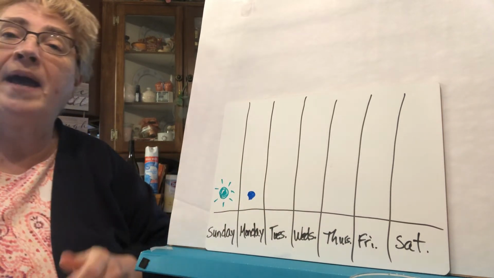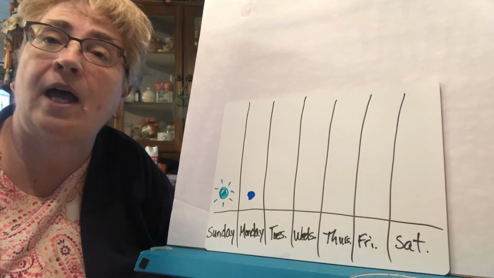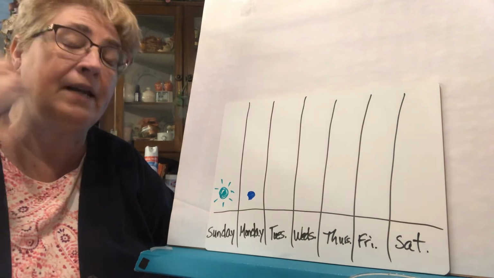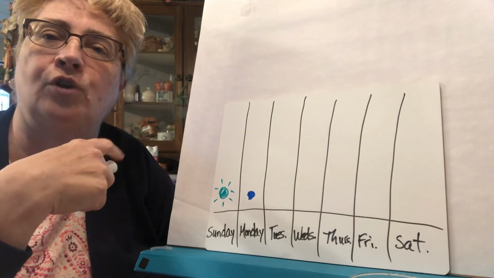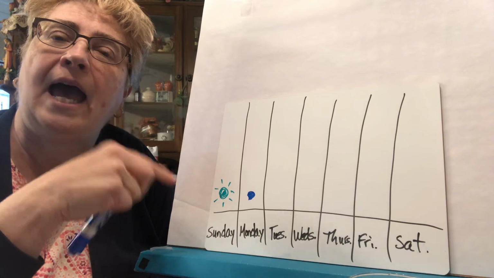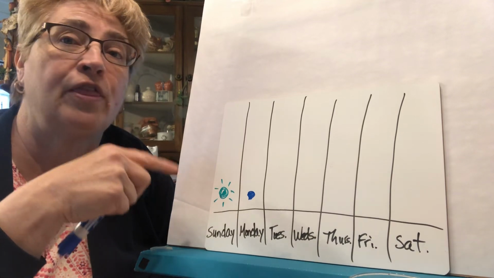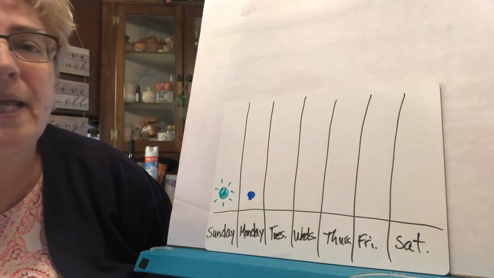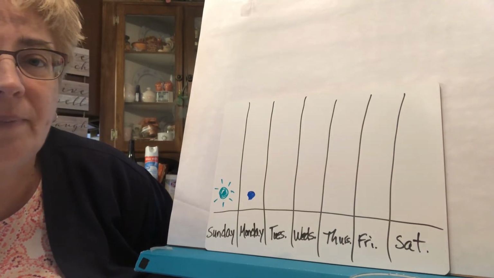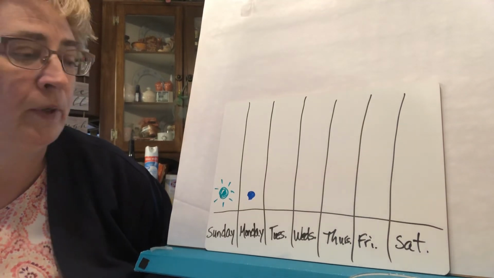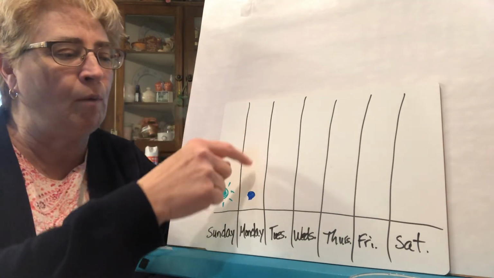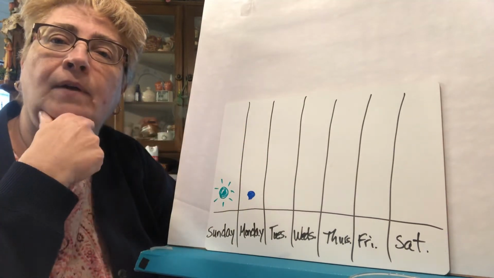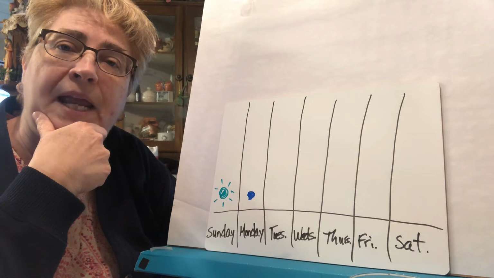Then I'm going to look back again after I do some more schoolwork, and if it's still raining, I'll put another raindrop. Every half an hour, every 30 minutes, I'm going to check. If it's still raining, I'll put another raindrop. But if it's not raining anymore, I will not put a raindrop. So at the end of the day, I wonder how much time on Monday it actually rained.